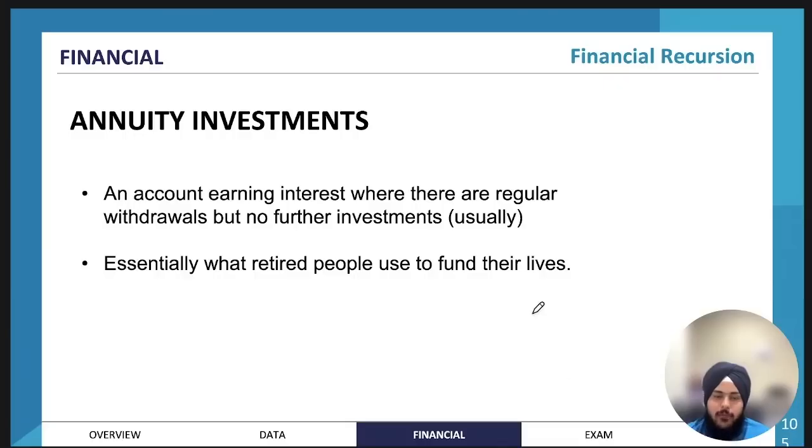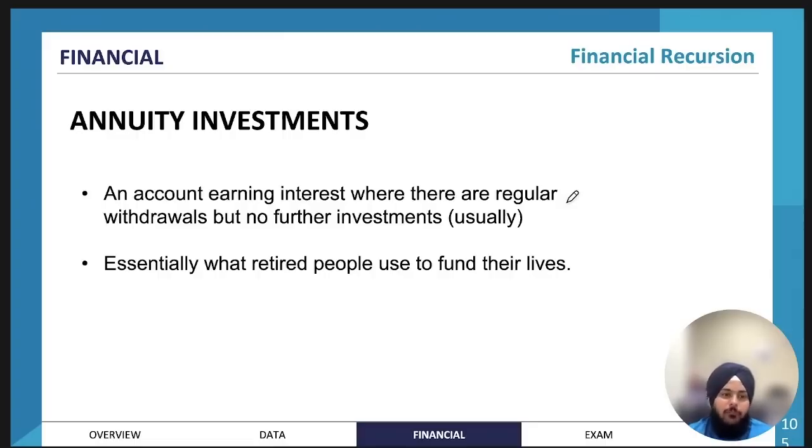Okay, so now we're going to look at a few investment types just quickly. Obviously, we're not going through them in so much detail just due to the time limitations, but we'll just quickly go through what they actually mean and where they might be applicable. So annuity investments are essentially a type of investment where you have a large sum of money invested into an account, and you're depositing and withdrawing a certain amount of money each time.